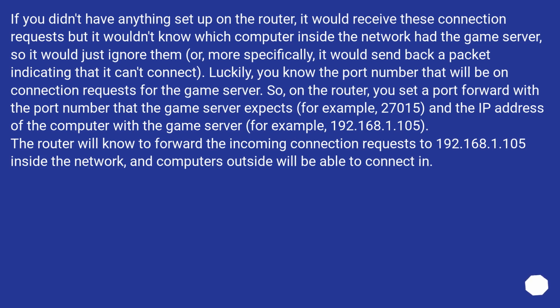So, on the router, you set a port forward with the port number that the game server expects, for example, 27015, and the IP address of the computer with the game server, for example, 192.168.1.105. The router will know to forward the incoming connection requests to 192.168.1.105 inside the network, and computers outside will be able to connect in.